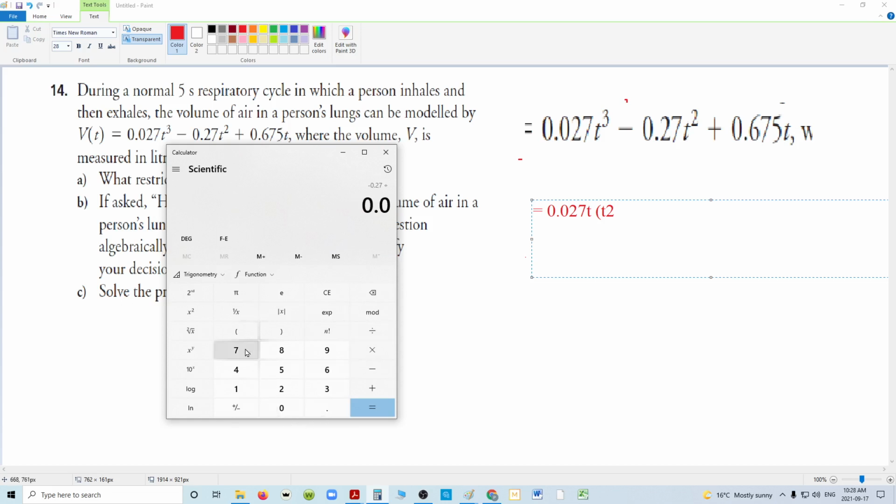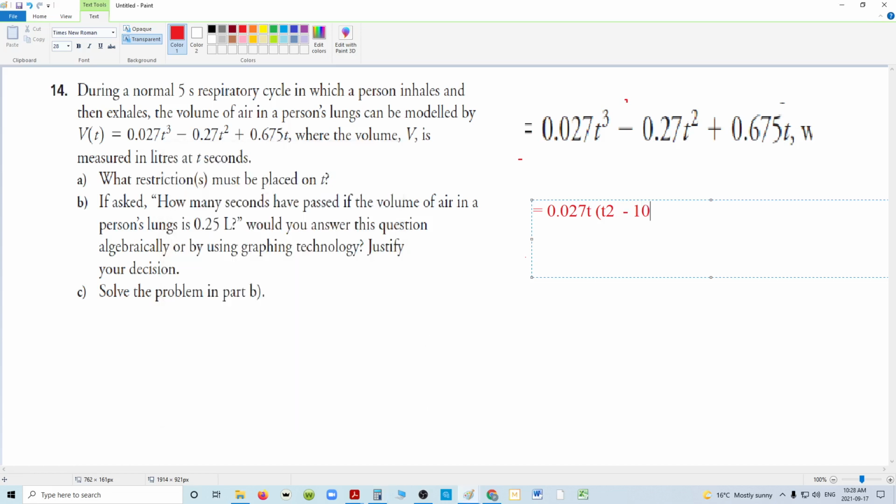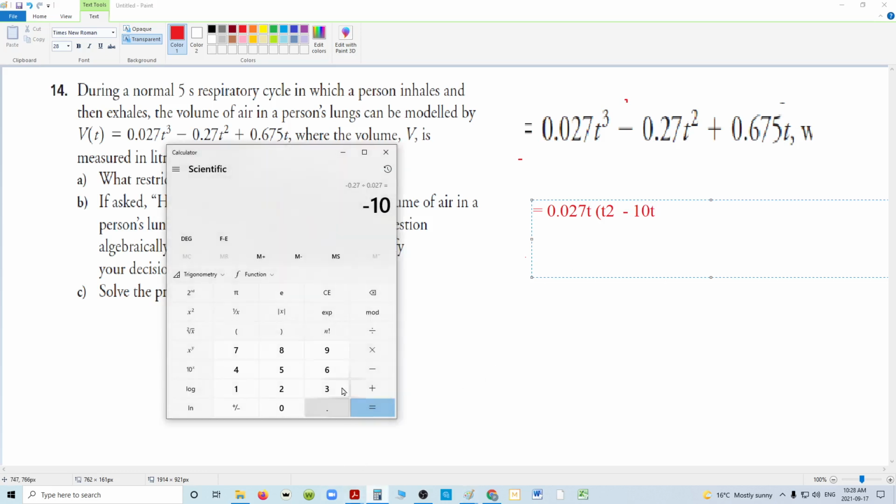In other words, divide. You get a nice minus 10. And then what happens when I factor out from 0.675 the nice 0.027?